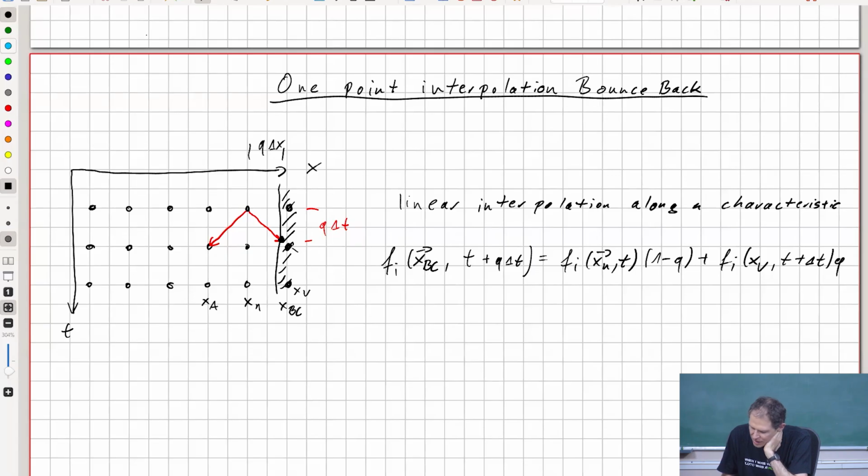This is the linear interpolation along this characteristic to get to this point in space and time. So how do we get this population at the virtual node? You see, this is a pre-collision population in the virtual node at the next time step. How do we get this?